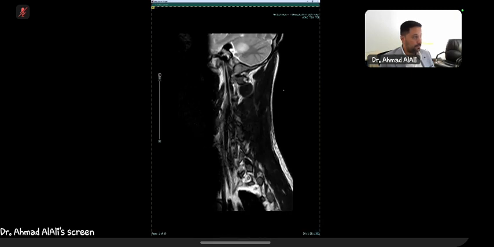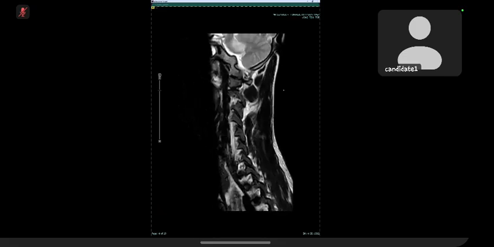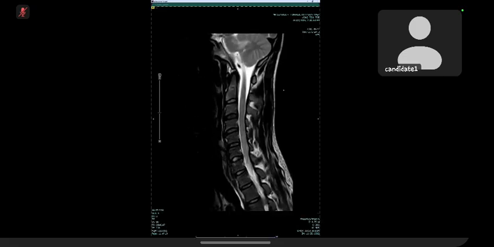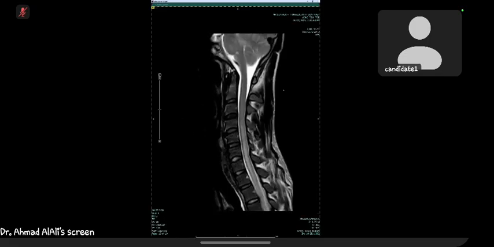Here I am presented with MRI T2 weighted images, sagittal section, of a young patient with lower limb weakness and numbness. The most significant observation is that there is a long segment intramedullary hyperintensity within the cord. The proximal portion starts from the C3 vertebral body.